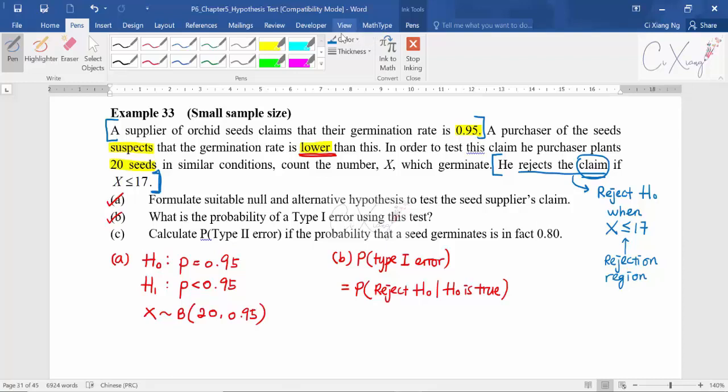So we continue to put it in. Reject null hypothesis means you put in the rejection region, which is X smaller than or equal to 17, given that the null hypothesis is true, which means you are using P equals 0.95.